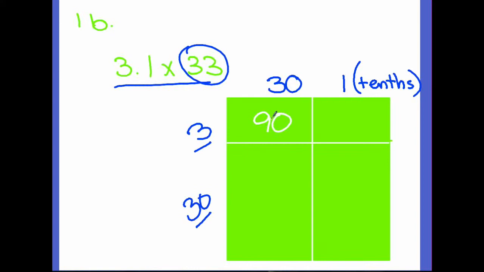You can put it anywhere you want. 30 times 30. 900. And now what do I do? Camden?